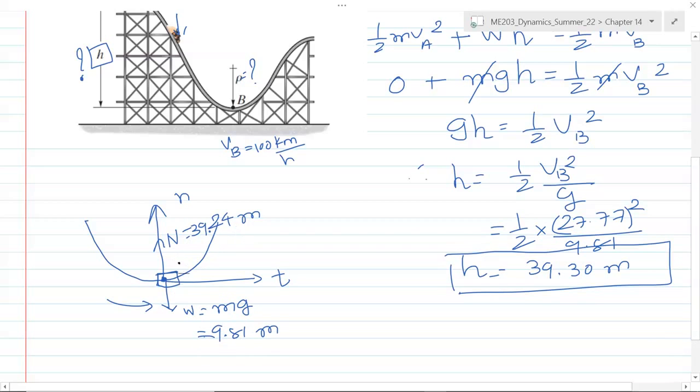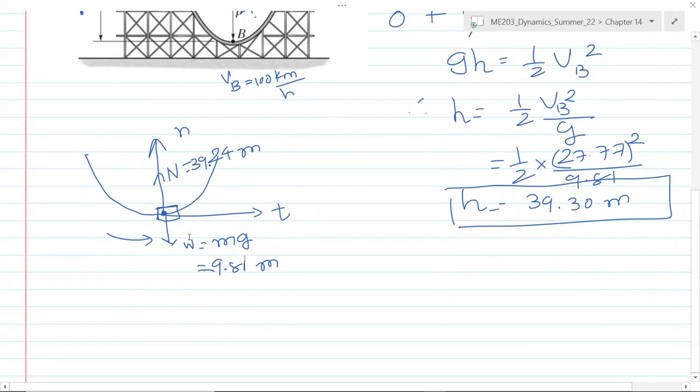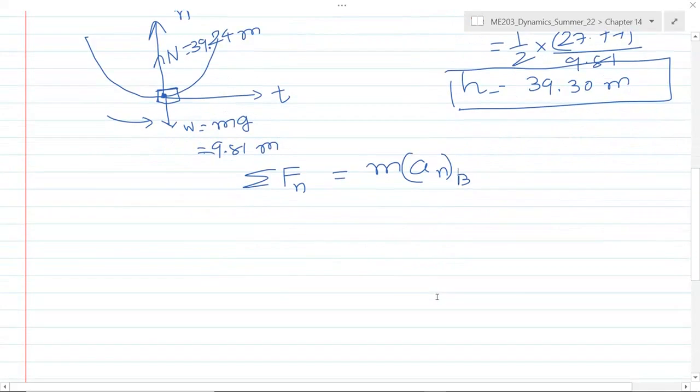These are the two forces, and as a result of this curved path, the roller coaster experiences normal acceleration in the direction of the normal coordinate axis. So we can apply the equation of motion along the normal coordinate axis from chapter 13: sum of forces in the normal direction is equal to mass times normal acceleration at B, because this is point B. The normal axis going vertically up is positive for us.